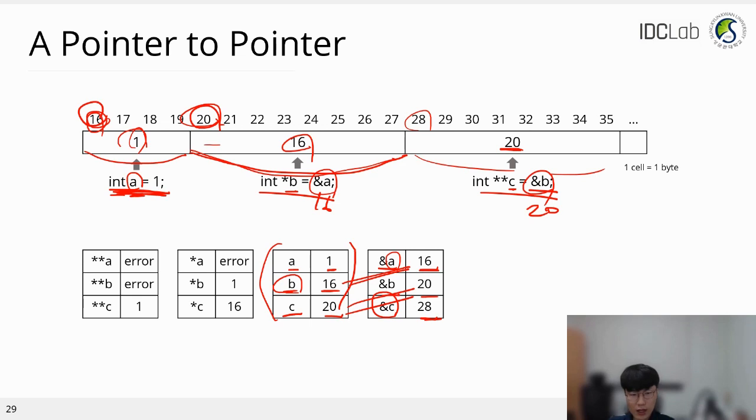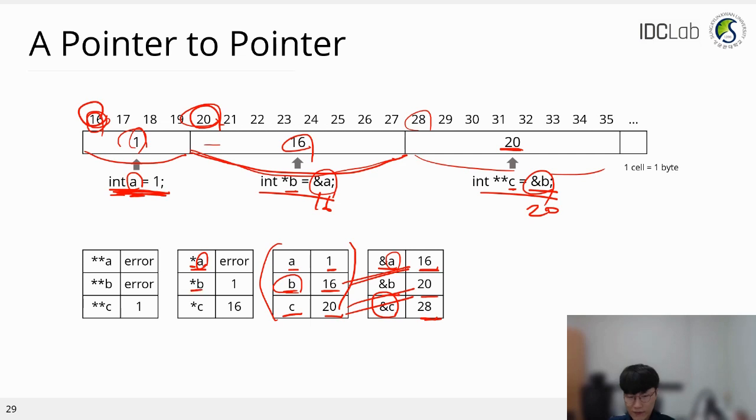What about dereference operator? So dereference A, it doesn't make sense because A is a variable, just a plain variable, so you cannot put dereference before it. The compiler doesn't allow this operation, so it's an error.